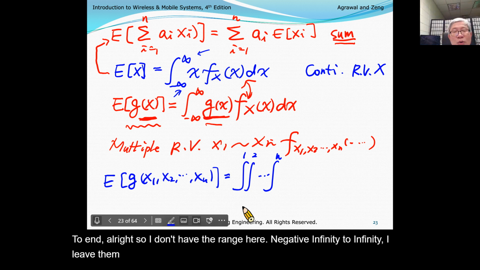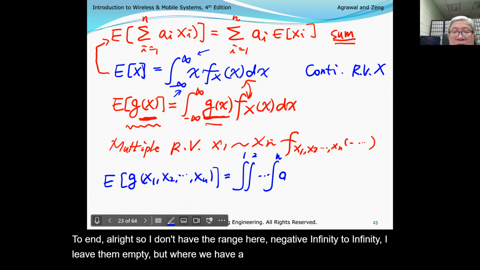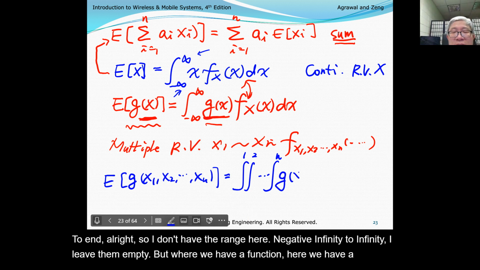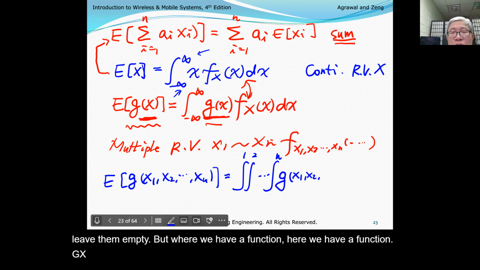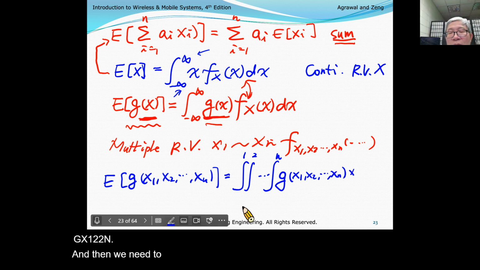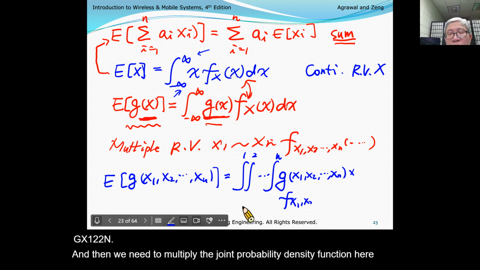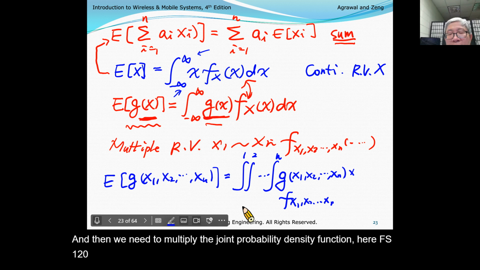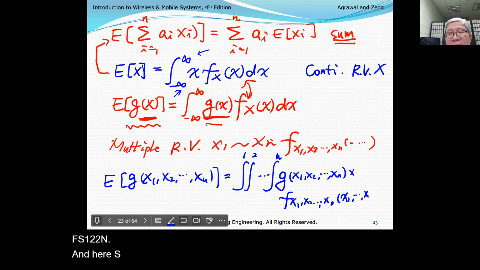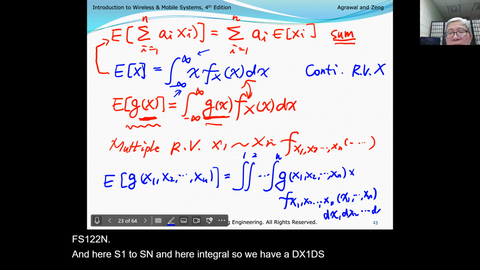But here we have a function g(x1, x2 to xn), and then we need to multiply the joint probability density function, f(x1, x2 to xn), and here we have dx1, dx2 to dxn.